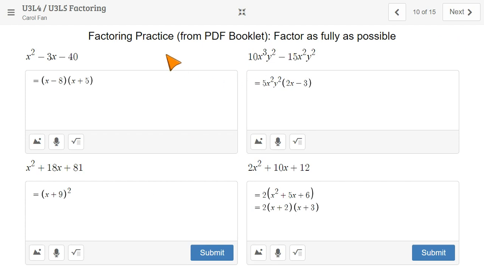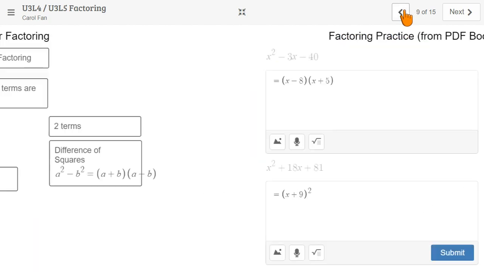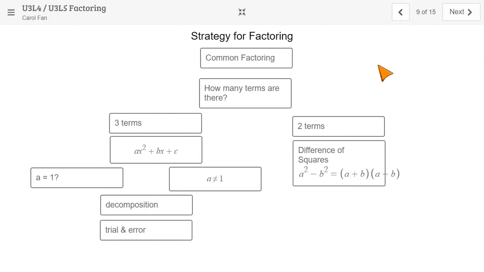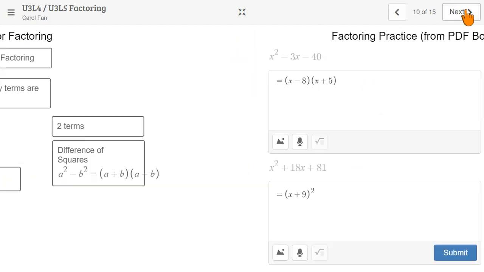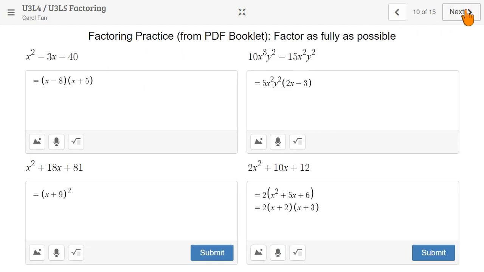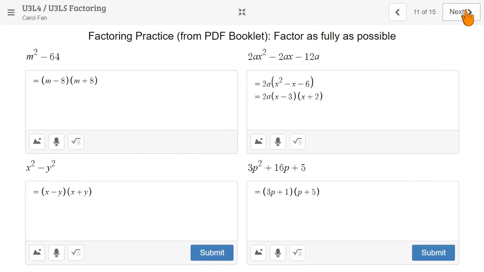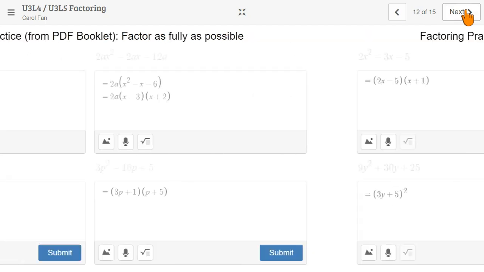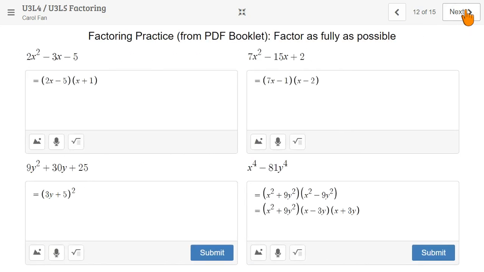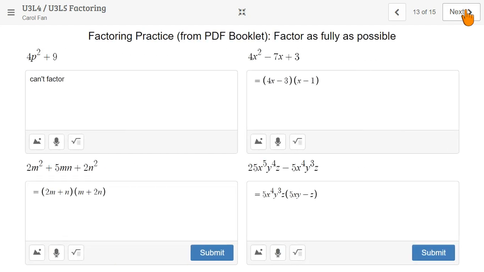I just want to remind you that all of these will involve different kinds of factoring. So using the flow chart from here could be very useful. Okay, the second slide of practice questions, answers to the third slide of practice questions, and the last slide of practice questions. Okay, so that is it for today's lecture.